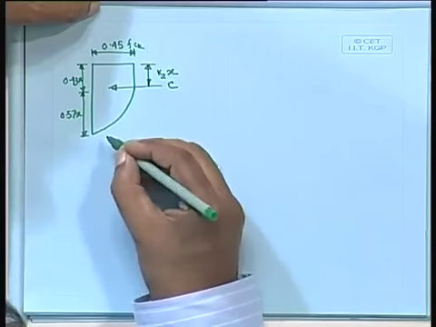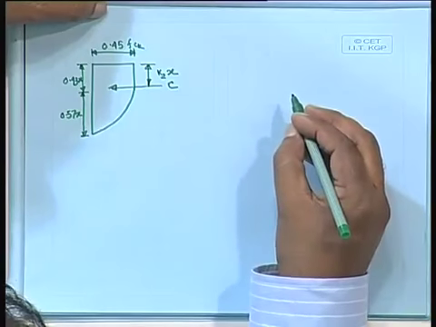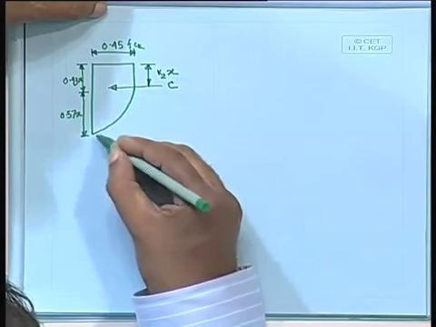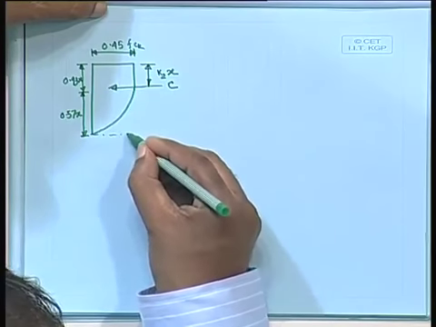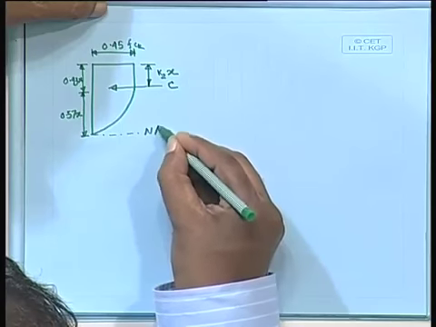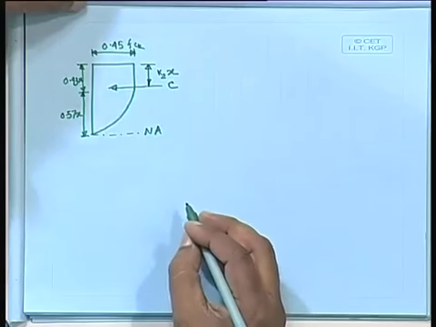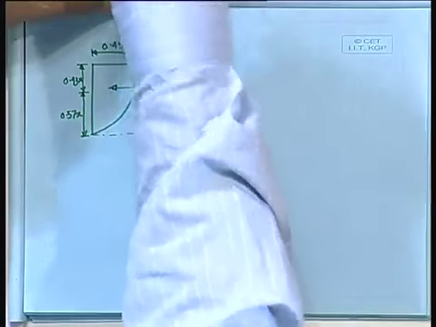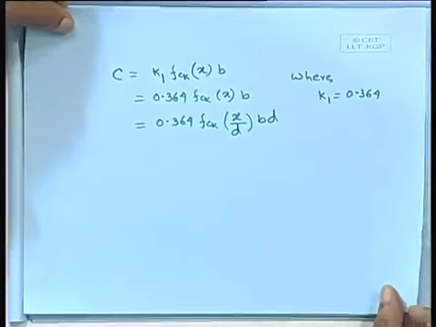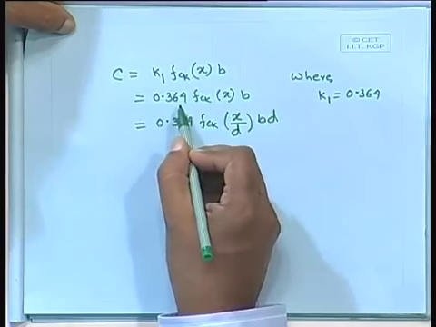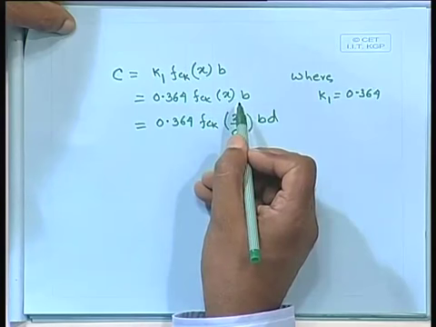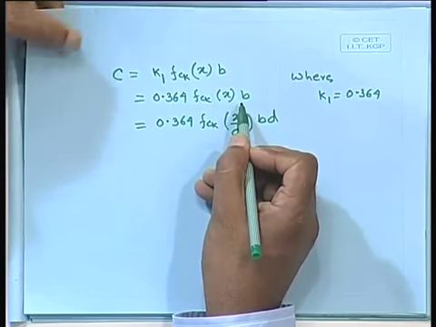We shall take the moment about the neutral axis. This is our neutral axis. If we take moment about the neutral axis, already we have computed that C equals 0.364 fck x b, that is the total force.